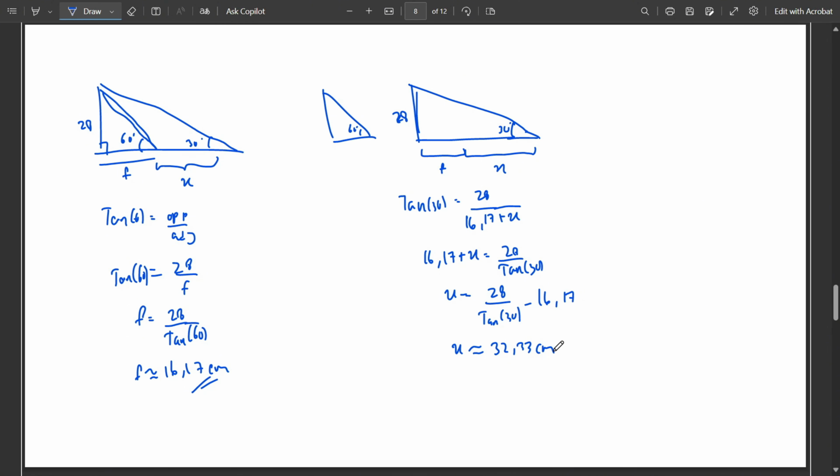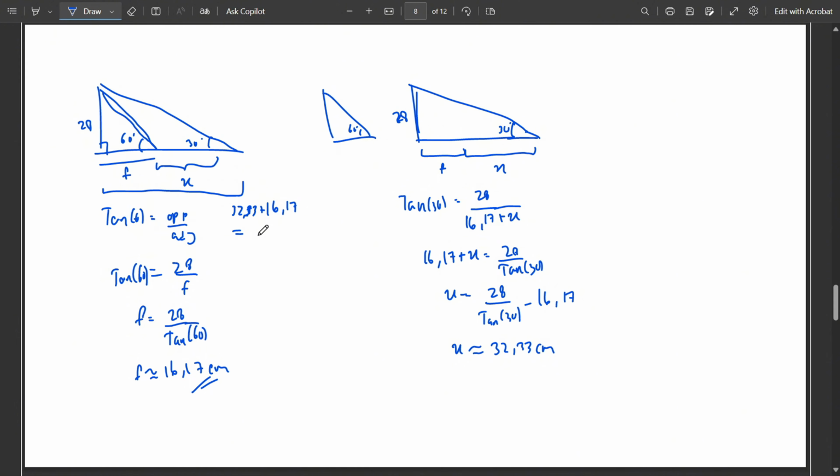And we found our x, so our whole length here, f plus x, the whole length here is just 32.33 plus 16.17.